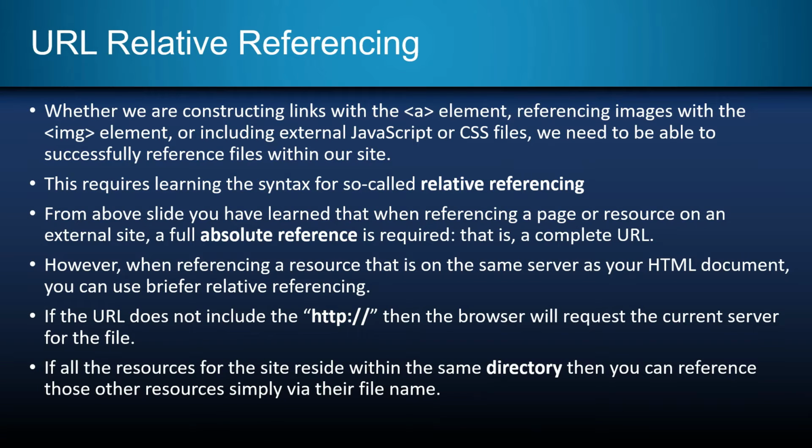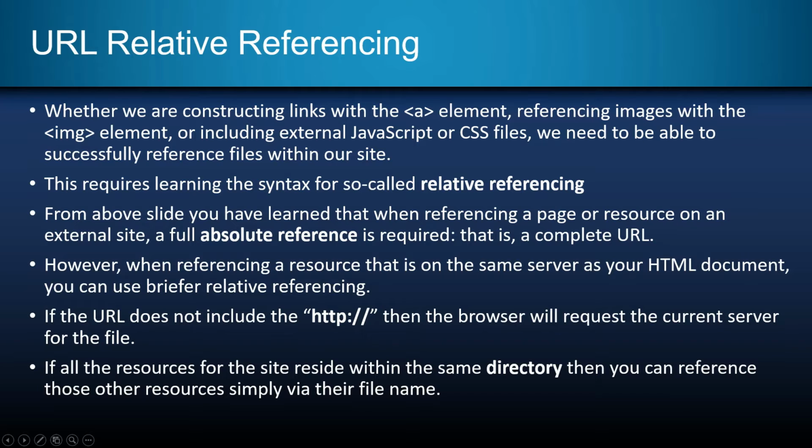In today's class, we are going to study URL relative referencing. If you want to refer to an image, a content, or any link, as a beginner we simply use an anchor tag. Links use an anchor element, images are referenced with an image element, or we include an external JavaScript or CSS file.